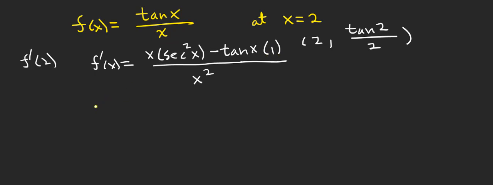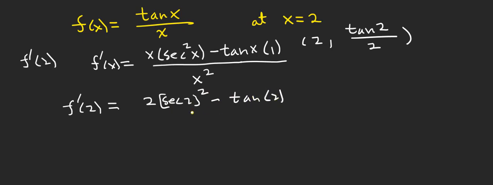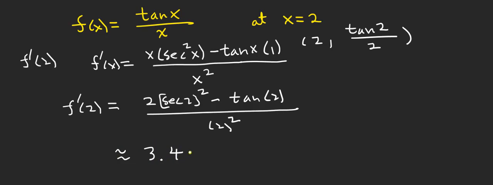So now what you got to do is you have to plug in 2 for x into your calculator. And you get approximately 3.433. Okay, you get a decimal.